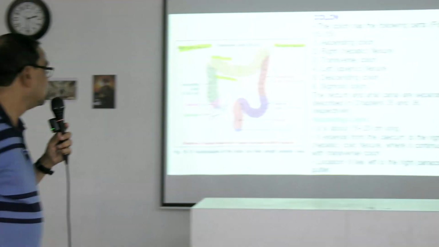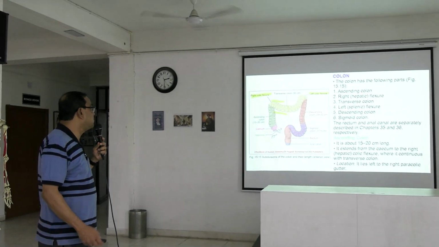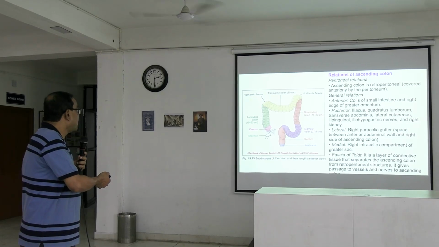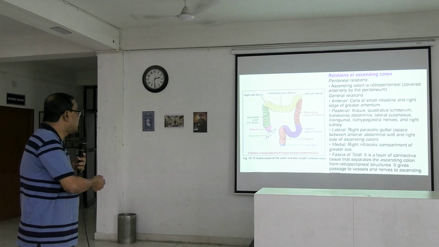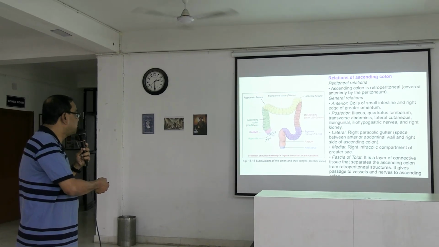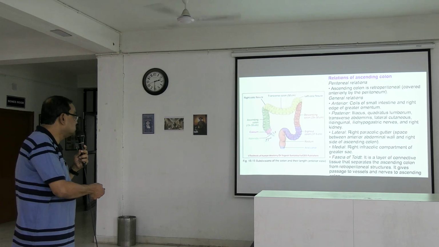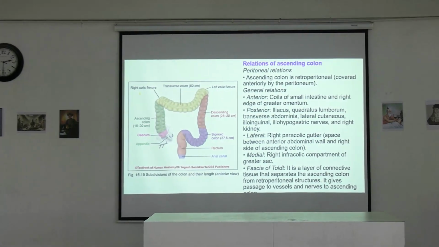Now this transverse colon is hanging from the posterior abdominal wall with the help of a peritoneal fold. Similarly, this part is also hanging from the posterior abdominal wall by a peritoneal fold.